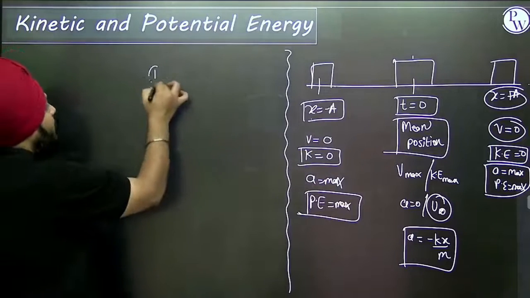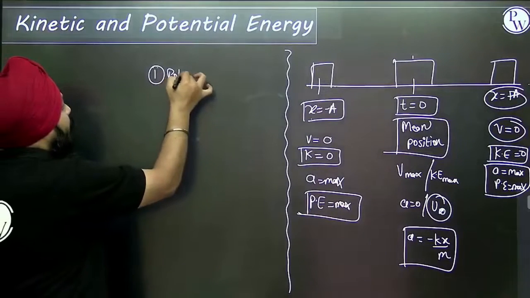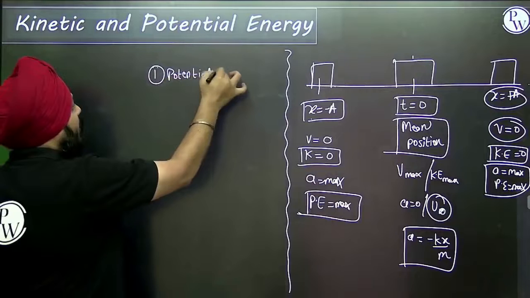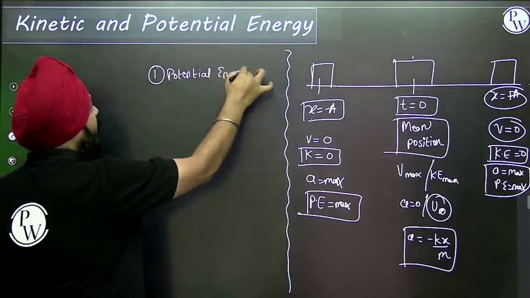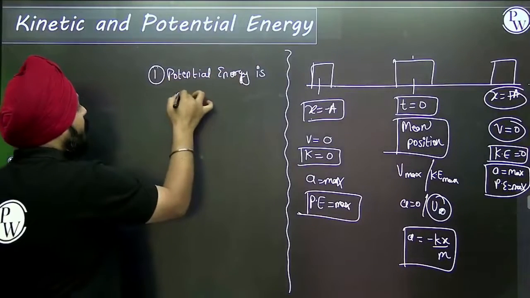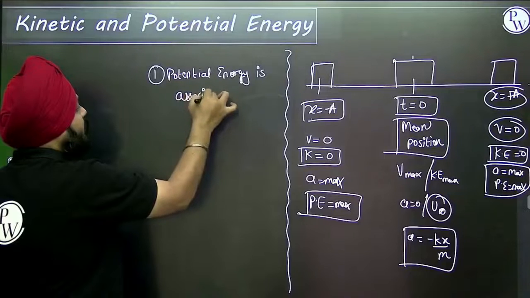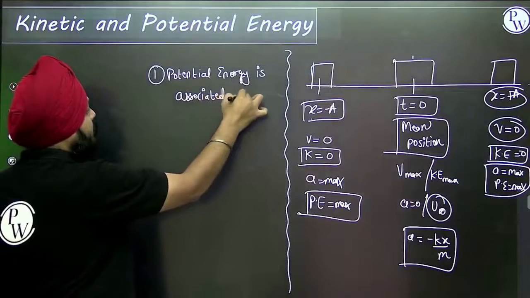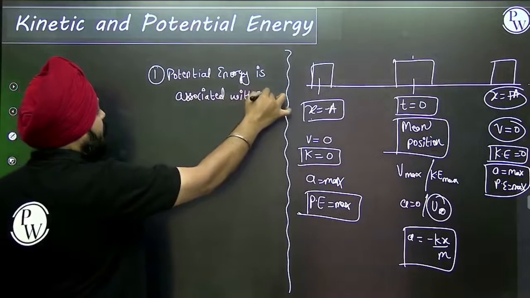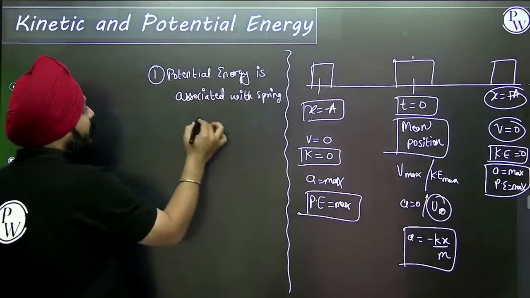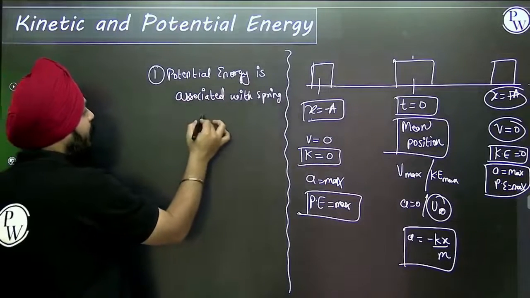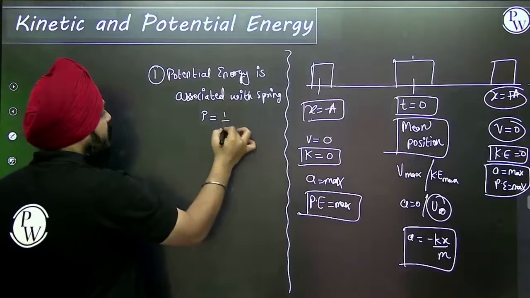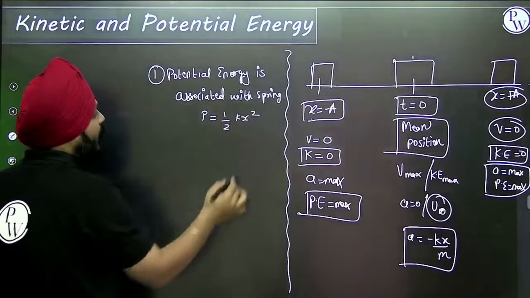First of all, the potential energy is associated with the spring. So it is a very simple thing. Potential energy is equal to half kx square.